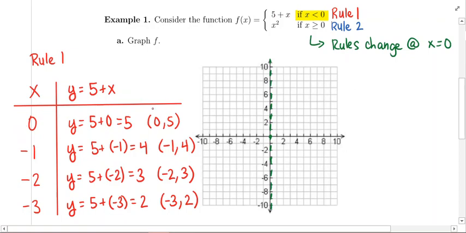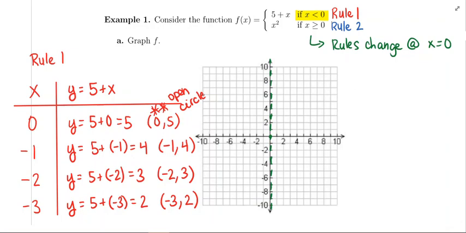So what that means for this particular point, because this is where the rule changes, this is going to be an open circle because it's not actually legal to plug in x equals 0 to this rule. The only possible place you can have an open circle is where the rule changes.